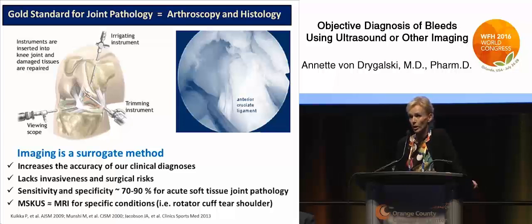So lots will be going on that we might never be able to really ascertain, even with the finest imaging modalities. And so, for example, MUSCUS, short for musculoskeletal ultrasound, or MRI have been shown equally good for specific conditions such as a rotator cuff tear in the shoulder.